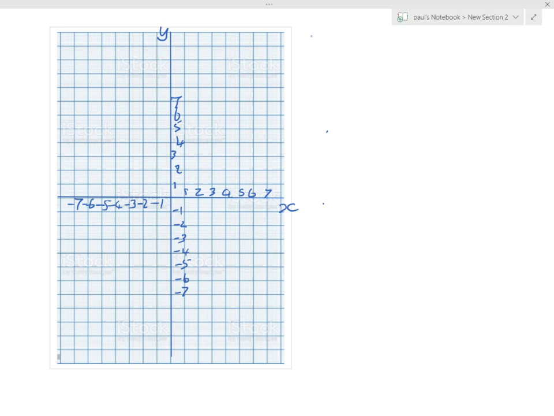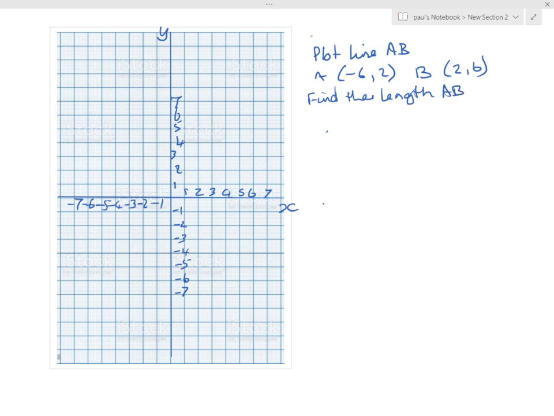So what we're going to do is plot the line AB, where A is minus 6, 2, and B is 2, 6. Now find the length of AB.